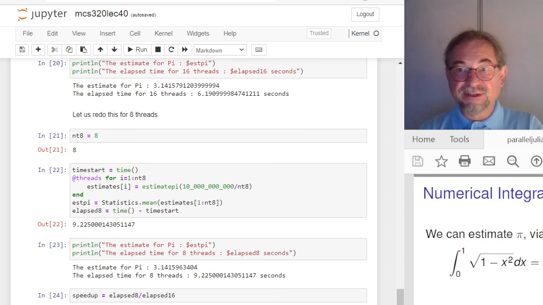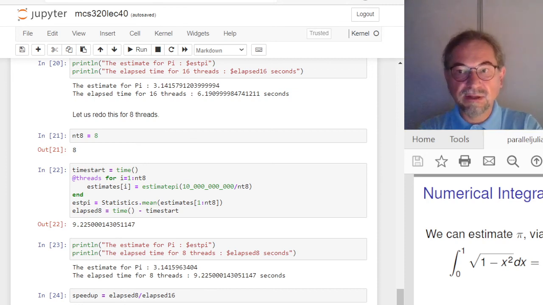So as an exercise, I would suggest that you play with this and adjust it for your own computer. Here I tried to indicate how high level parallel computing works. It works well within Julia.